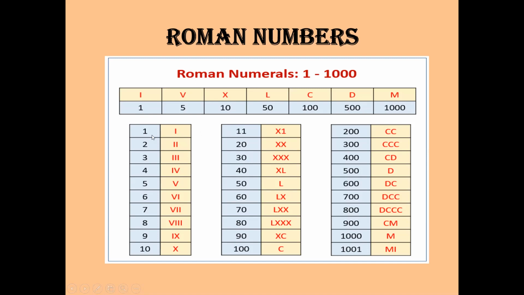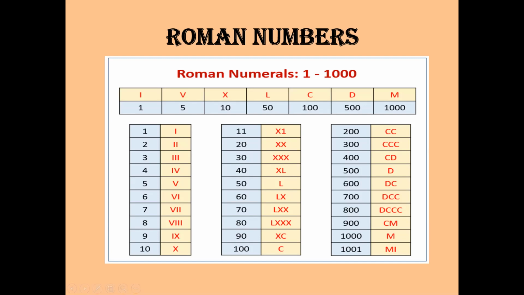Okay? Now, if you want to write 1, you can write only I. If you want to write 2, it is II. 3 is triple I, III. Now here 4, how can you write 4? You know how to write 5. 5 is V, okay? Now if you put any letter on the left side of a letter, it means we will subtract.